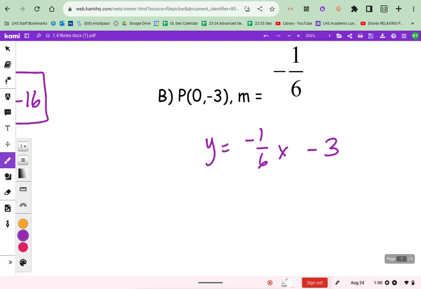Okay, so for B, you should have gotten y equals -1/6 x minus 3.